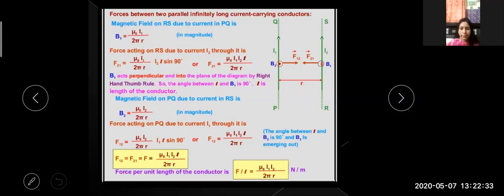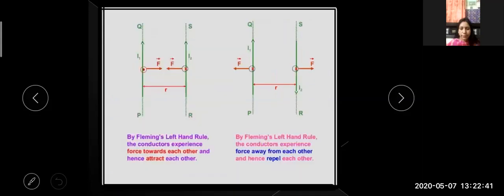Now, if we take two conductors in which current is flowing in opposite directions, let's see in this figure, there are two figures. In the first figure, we see that current is flowing in the same direction in both conductors, PQ and RS.